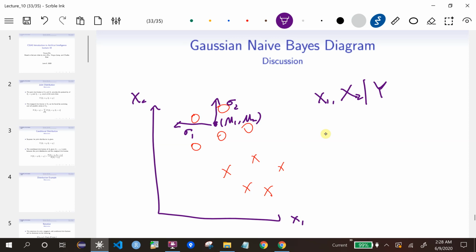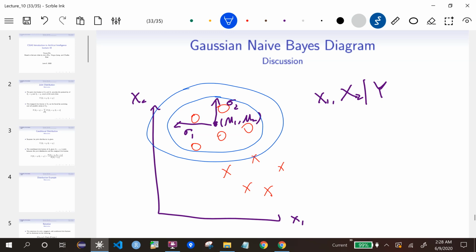And like 90% of the data falls in an ellipse like this, and then 99% is in here, and so on. Basically, it follows some kind of distribution where in each region of the plane there is some associated probability with it. So we are basically estimating these 4 parameters that specify that distribution.